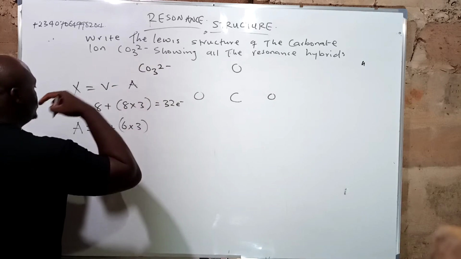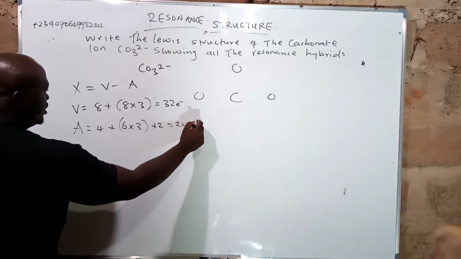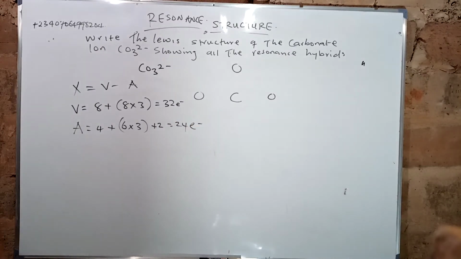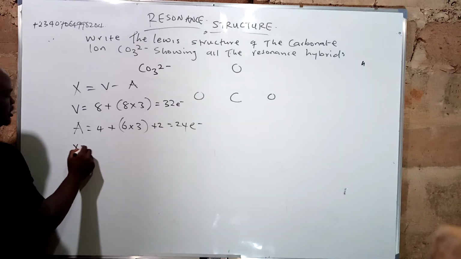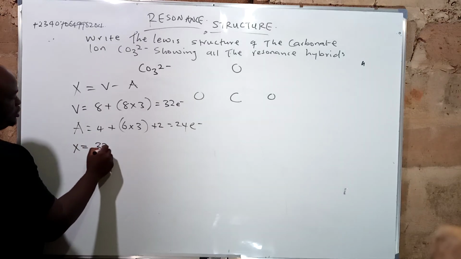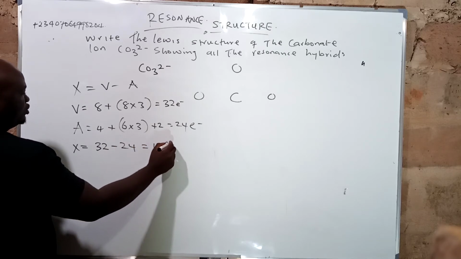We have negative 2 here, so this is plus 2. This should give you 24 electrons. And so your X, the number of shared valence, is 32 minus 24, which will give you 10 electrons.